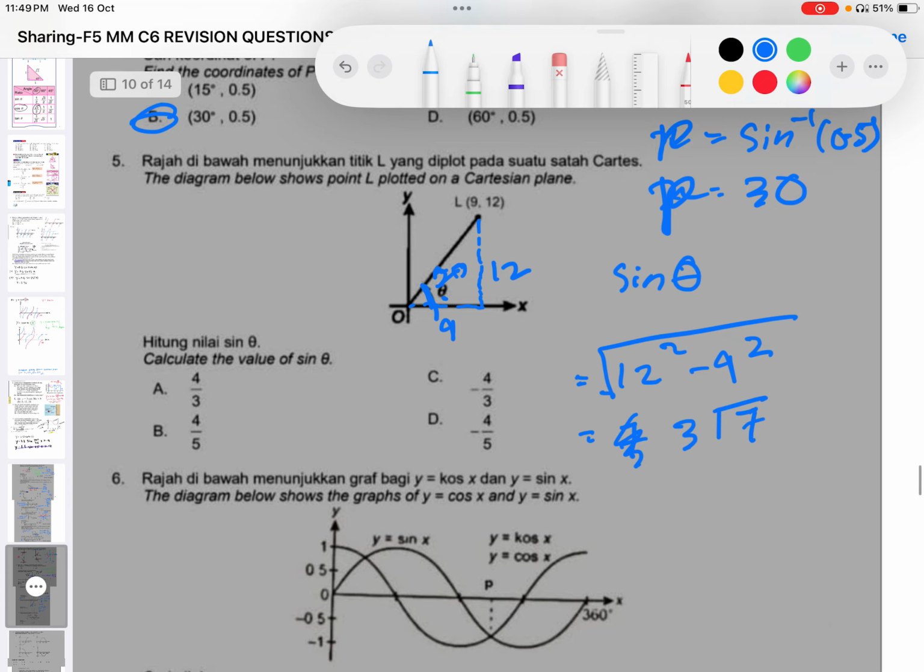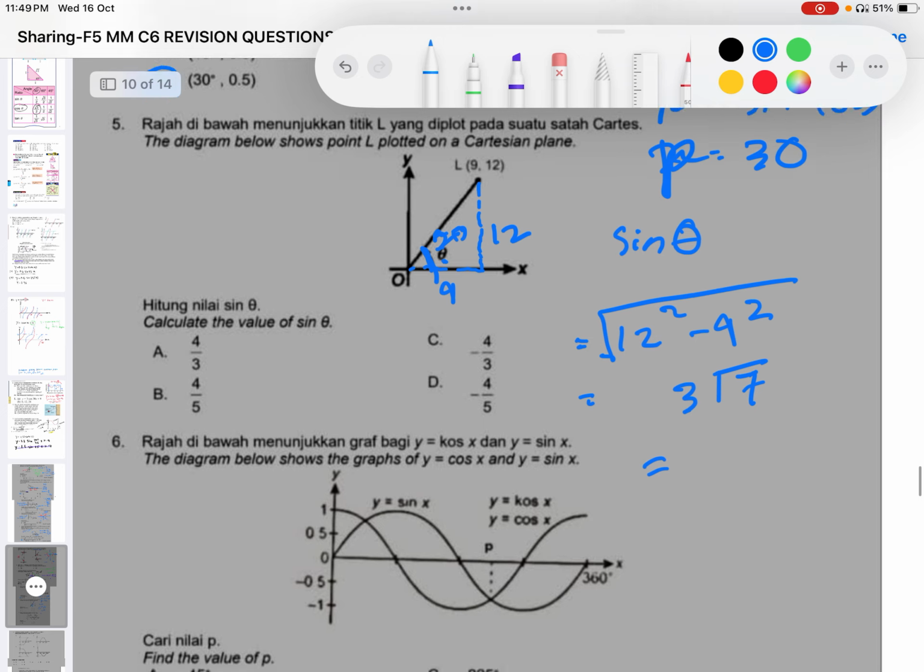12 squared minus 9 squared is going to be 7, 3 set 7. So ini cara panjang lah. Ini cara mudah untuk orang faham. So mana tadi? Alamak. Okay, 3/7. 3 set 7. Okay, so nak cari dia punya corresponding angle lagi.